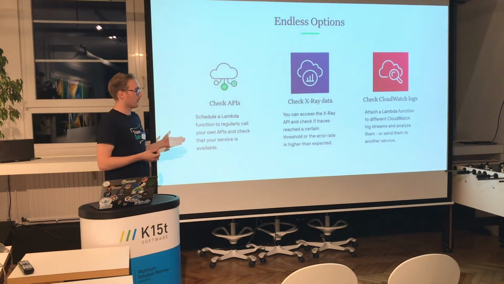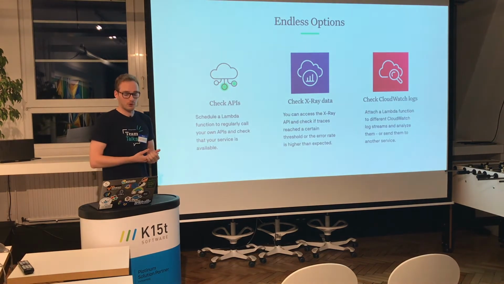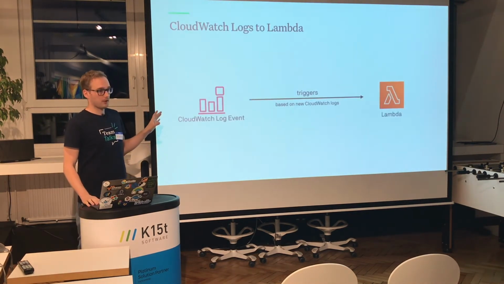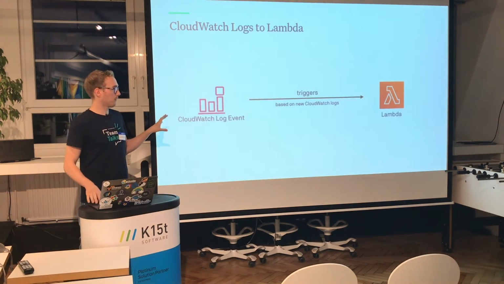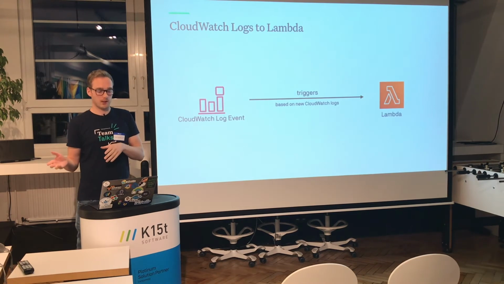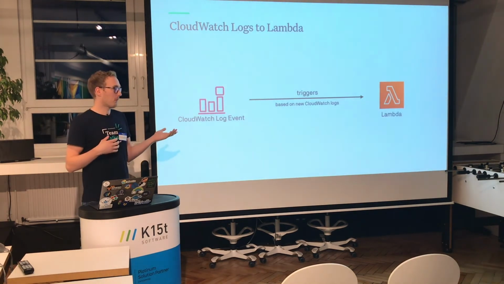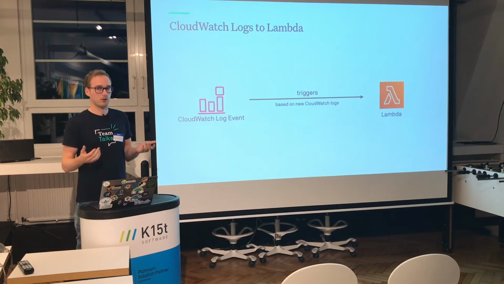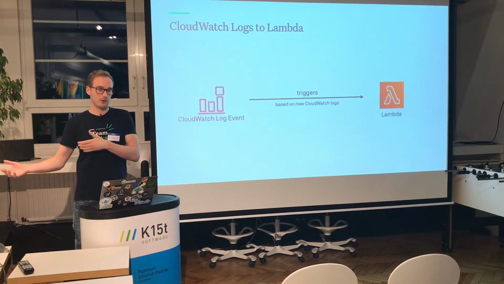And then the last option is, of course, to check your CloudWatch logs. For example, every time you enter some log data into the CloudWatch service, you can run a Lambda function to analyze it. You might ask yourself, why would I want to do that? I could just handle that in my code without logging something first.